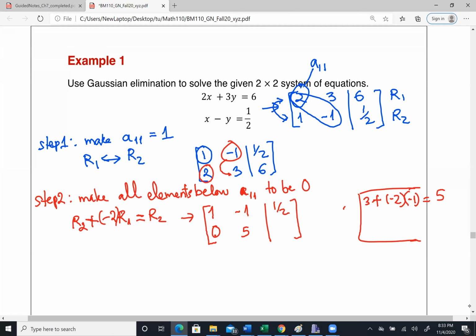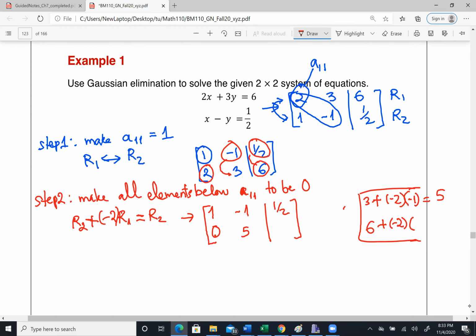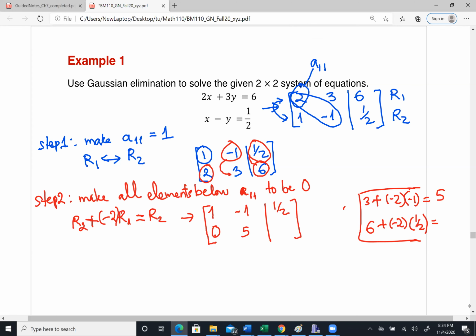Okay. Similarly, for this number, it's going to be 6 plus -2 multiplied by 1/2. So this will be 6 minus 1, which is equal to 5. So put 5 here.